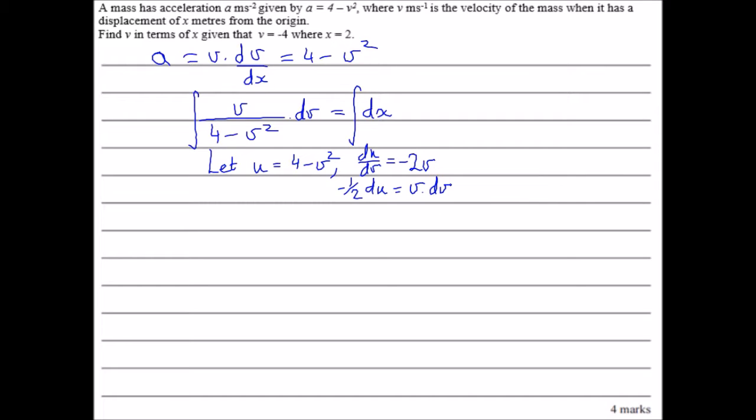So that's important because here we have, as you can see, the v with the dv, and we're going to replace the v and the dv together with this negative a half. So that stuff goes out, and in its place we're going to substitute a u and our negative half du.